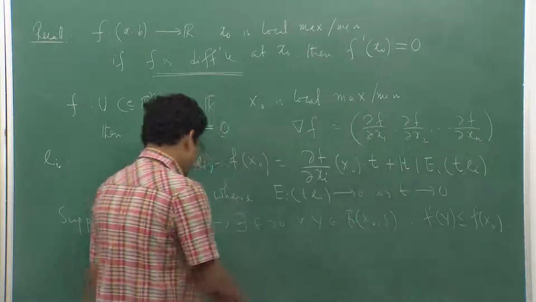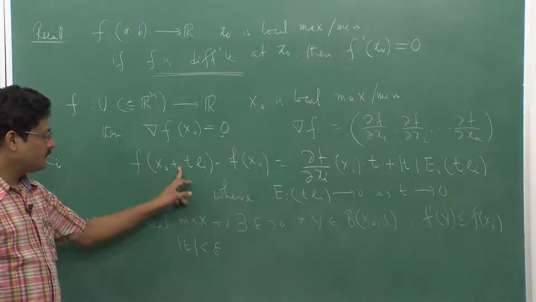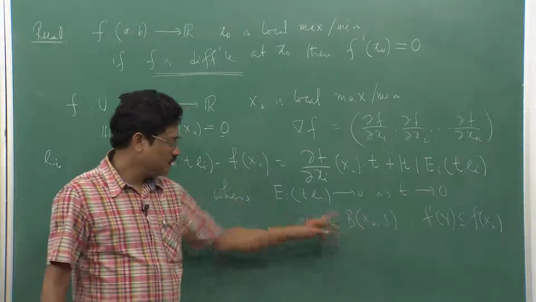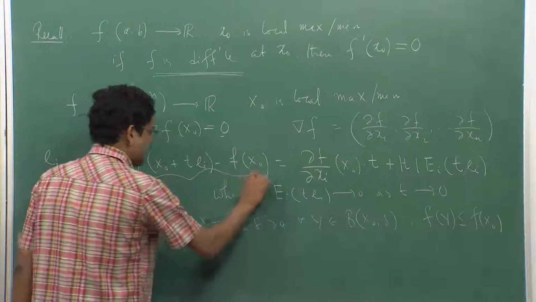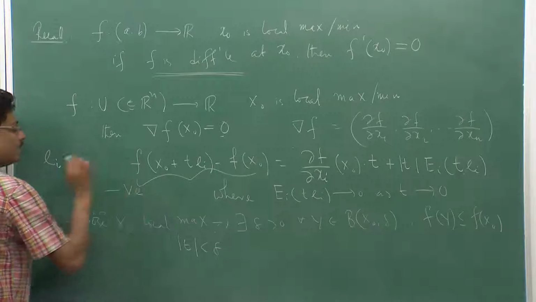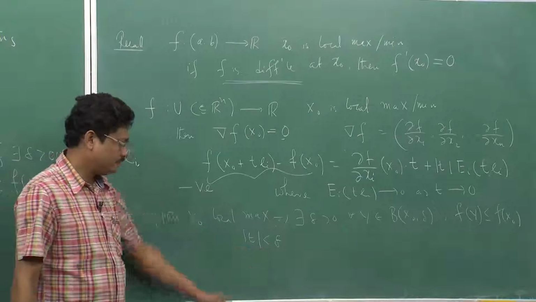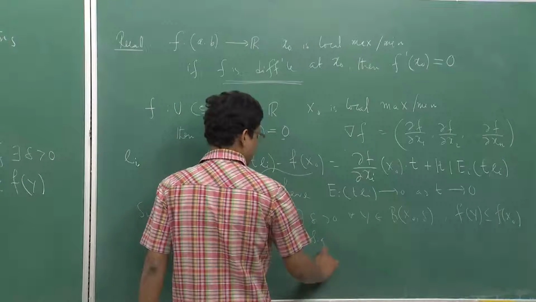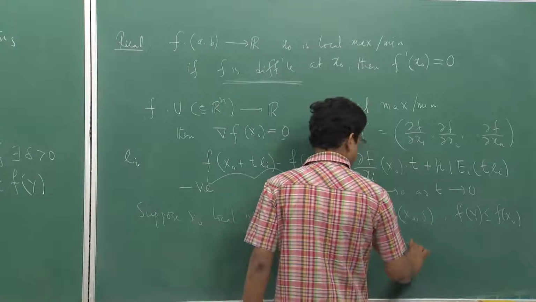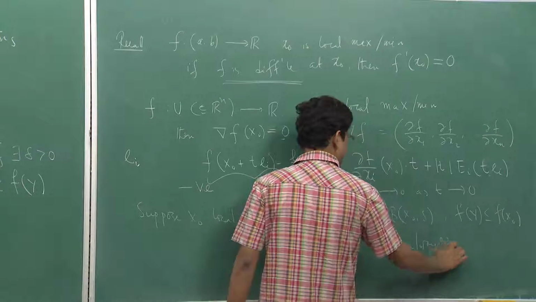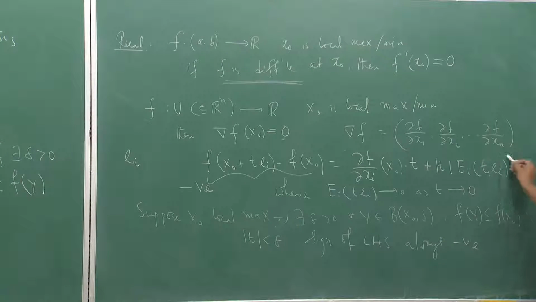So if I take mod t less than delta, then x naught plus t e_i is in this ball, so f of x naught plus t e_i is less than f of x naught. So the sign of the left hand side is always negative for mod t less than delta. Come to the right hand side, this fellow goes to 0.